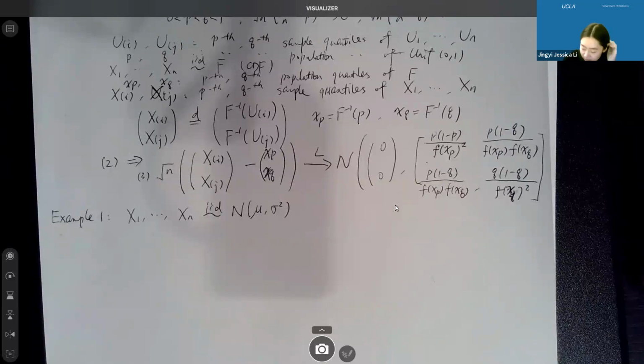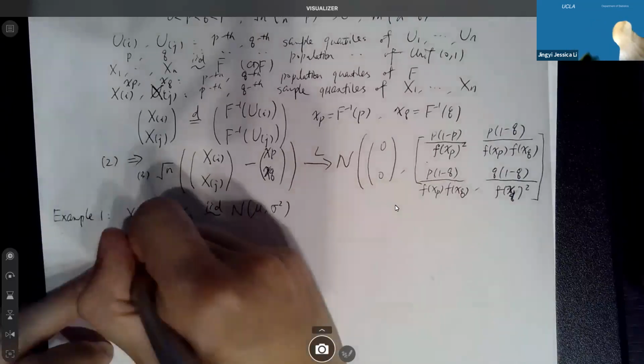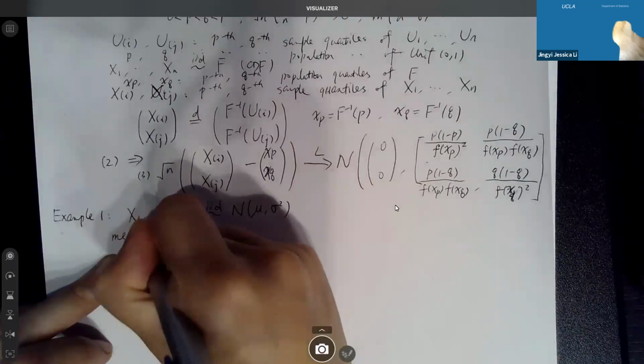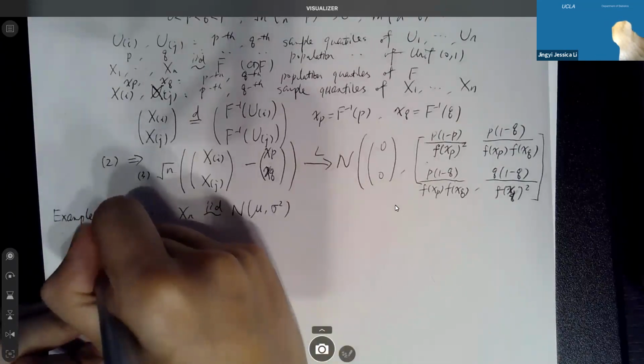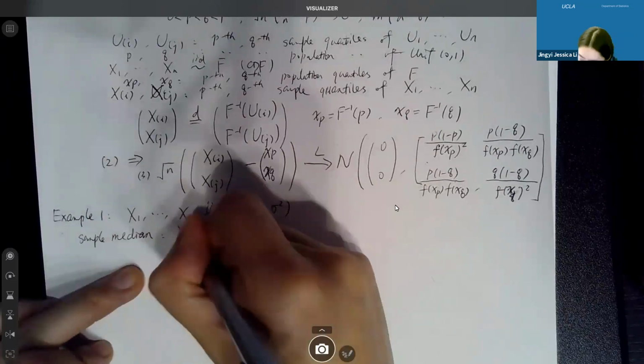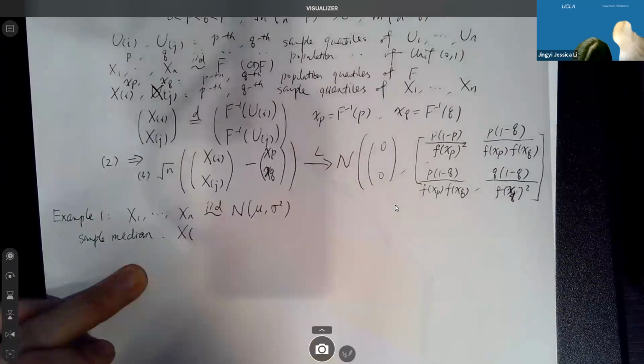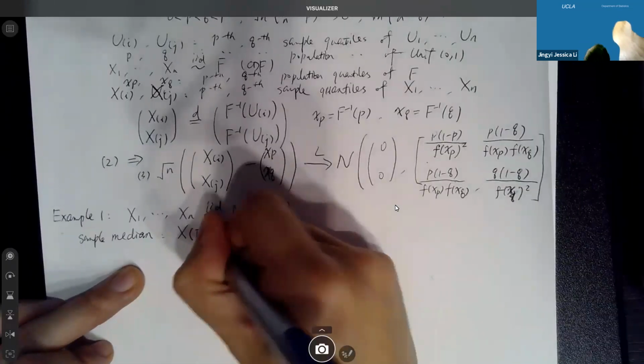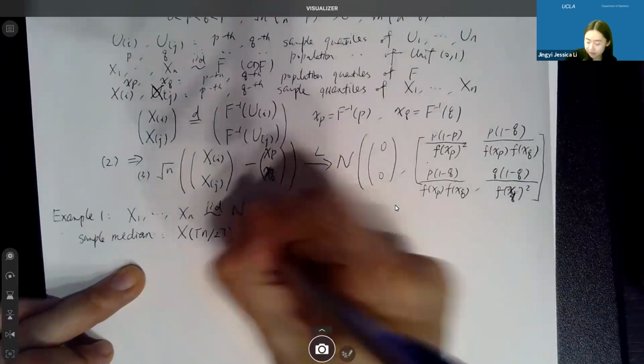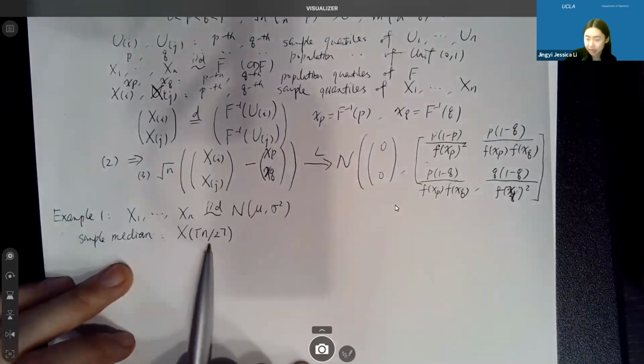The sample median is defined based on our definition as the order statistic whose order is the ceiling of n divided by 2. So if this happens to be an integer, we take the integer.